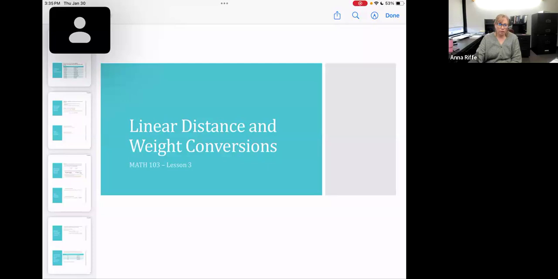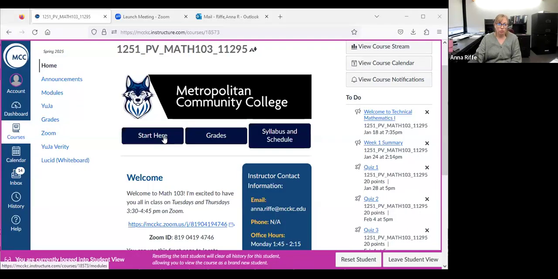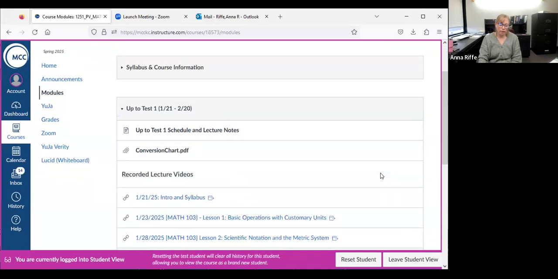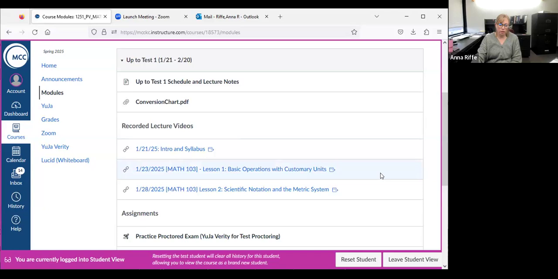For our purposes, we're going to do a lot with the conversion chart that you can find on Canvas. At the very top of the test 1 module, excuse me, we're not in test 2 yet. So this conversion chart is something that we're going to use a whole lot.